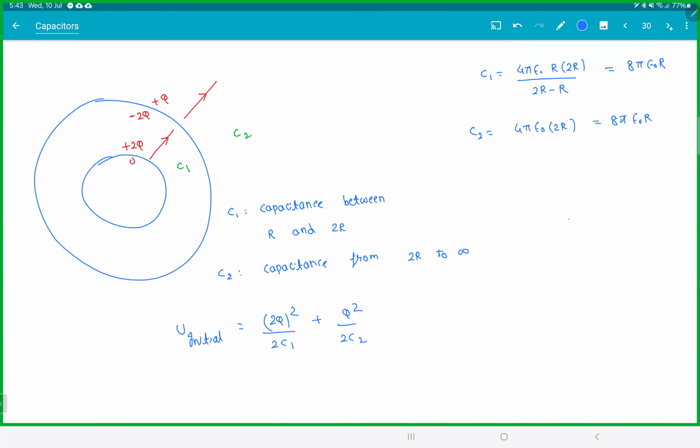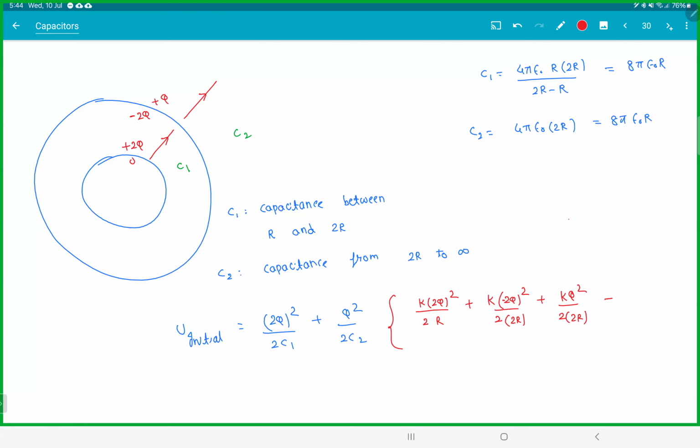And if you remember this in Gauss law, this is actually equal to, if you try to calculate this, we get 3 self energies and 3 interaction energies here. So this energy actually contains a combination of 3 self energies, k 2q whole square by 2 times 2r, plus k minus 2q whole square by 2 times r, 2 times 2r, plus k q square by 2 times 2r.